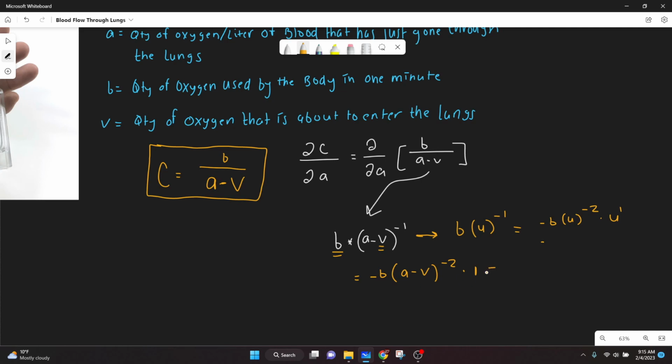And so this is equal to negative B over A minus V squared. Because it's a negative exponent, we can just bring it down as a denominator. And this is our partial derivative with respect to A.